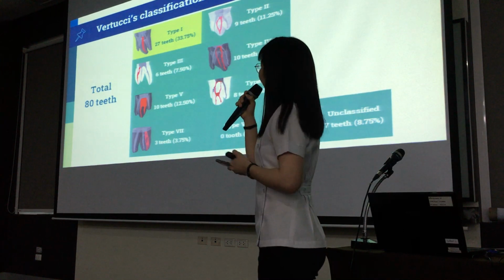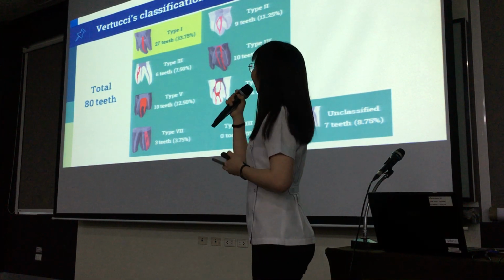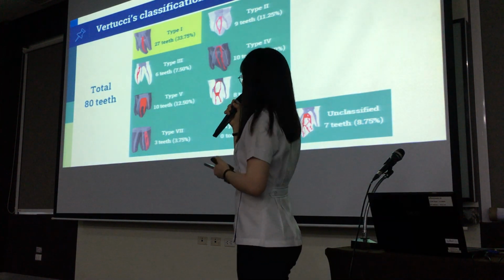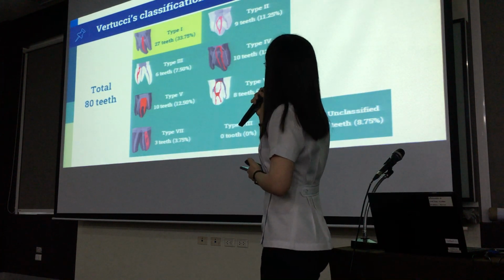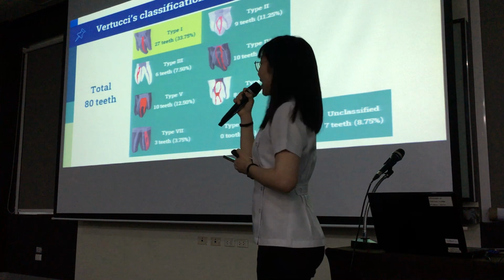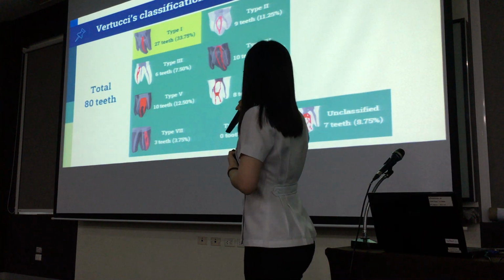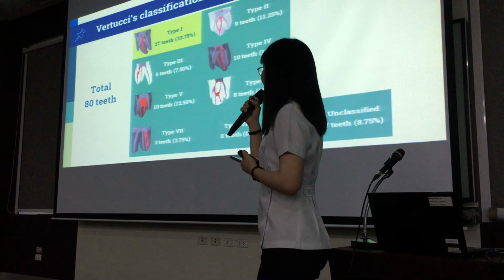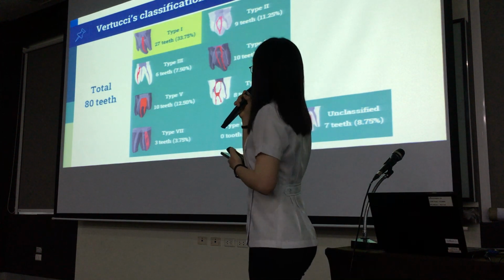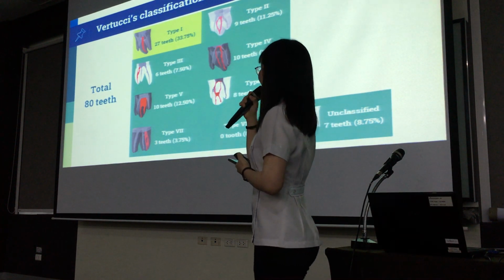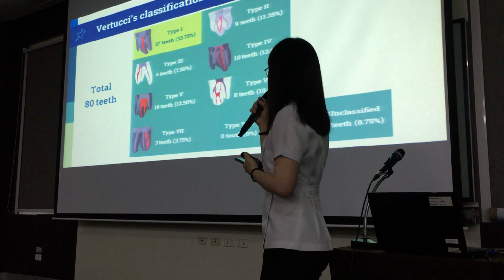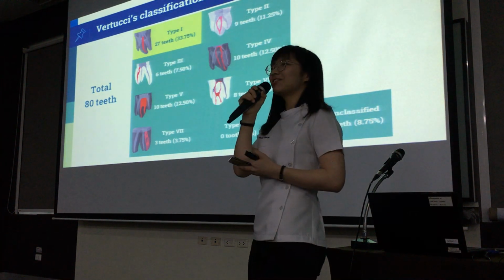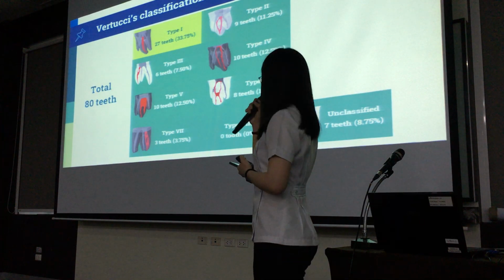The MB root canal was classified by Vertucci classification as approximately type 1 34%, type 2 12%, type 3 8%, types 4 and 5 13% equally, type 6 10%, type 7 4%, type 8 0%, and unclassified type 9%.